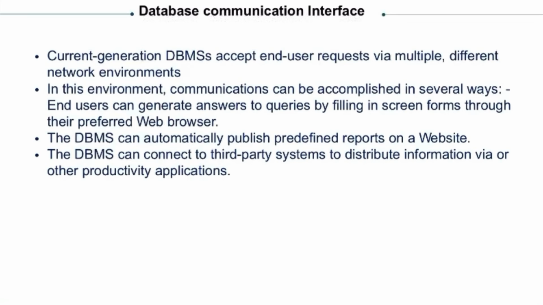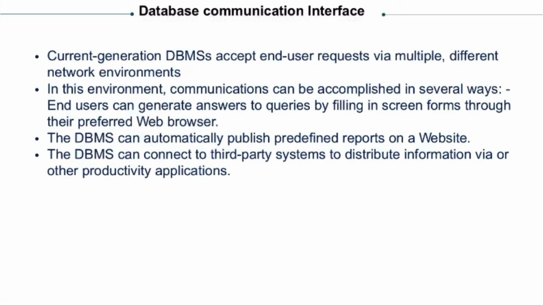Next is database communication interface. Current generation DBMS accept end user requests via multiple different network environment. For example, the DBMS might provide access to the database via the internet through the use of web browsers such as Mozilla Firefox and Microsoft Internet Explorer.